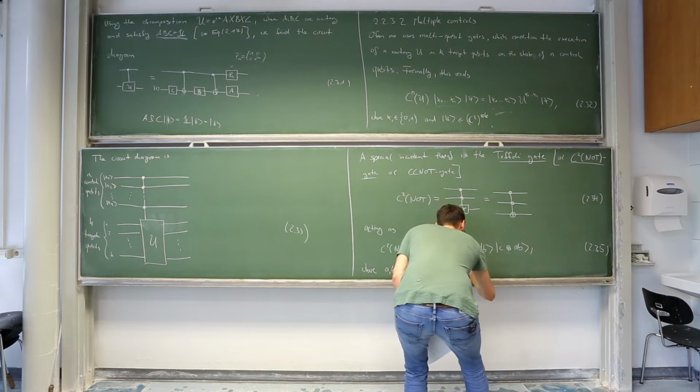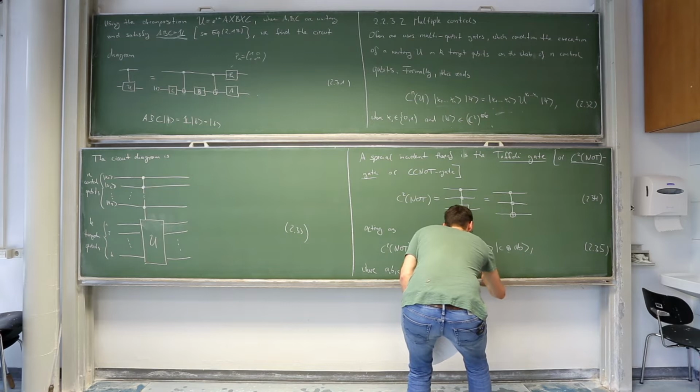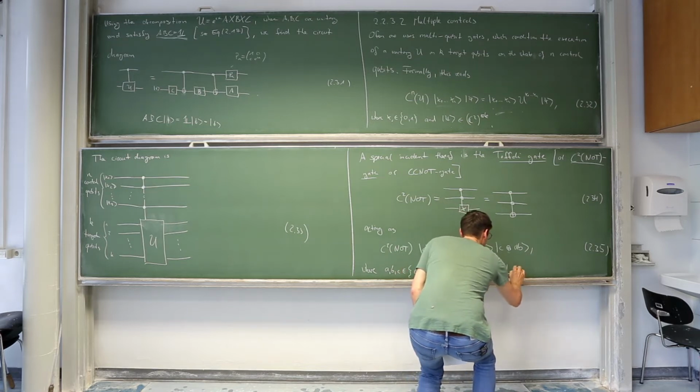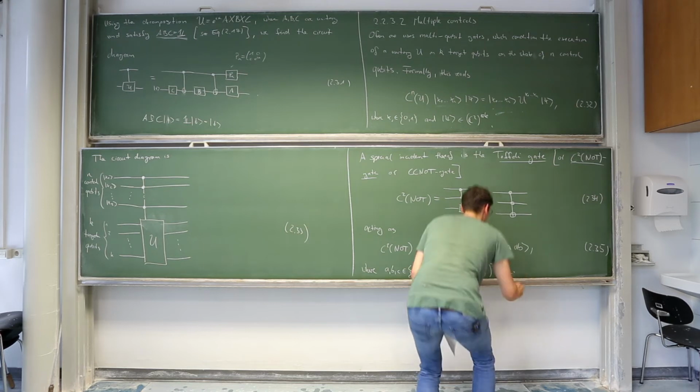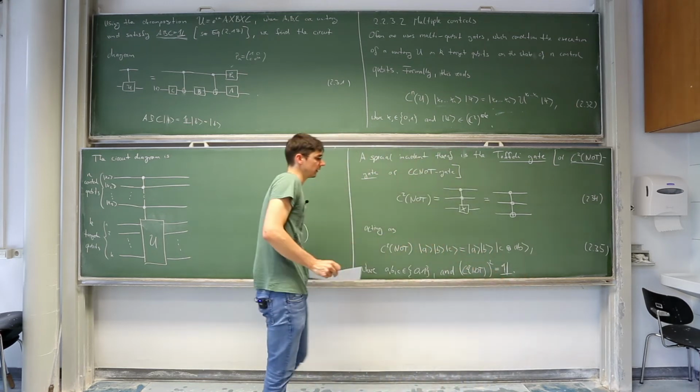And this gate is again self-inverse, meaning that if we perform it twice, we get the identity.